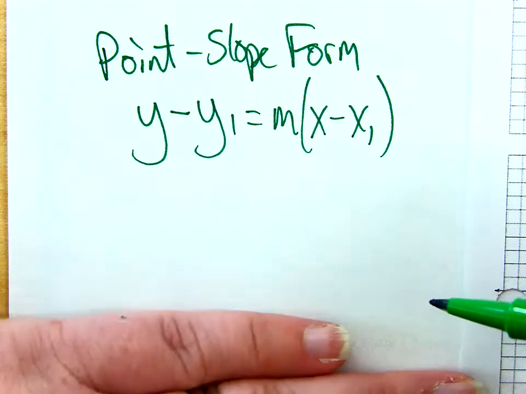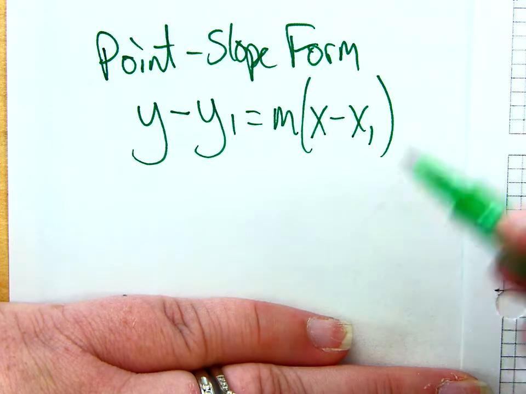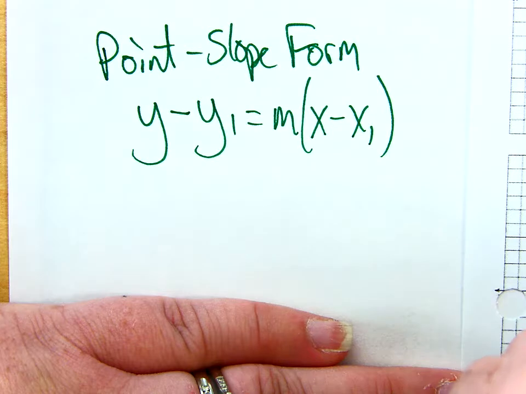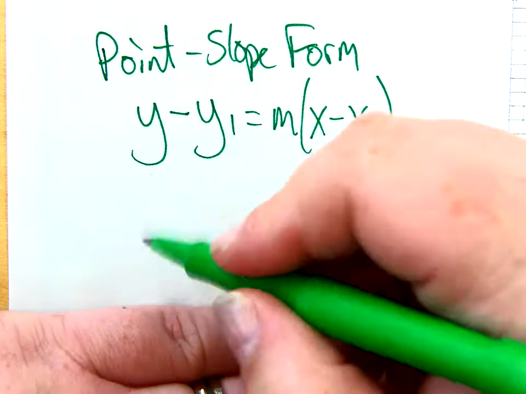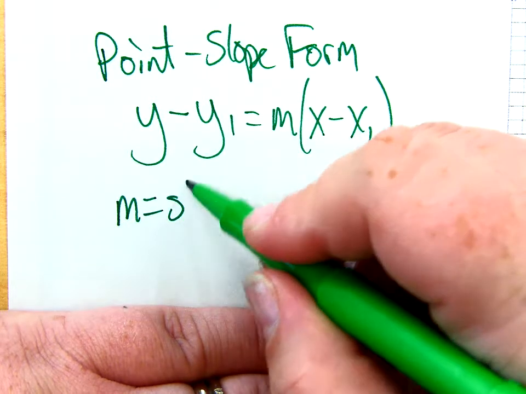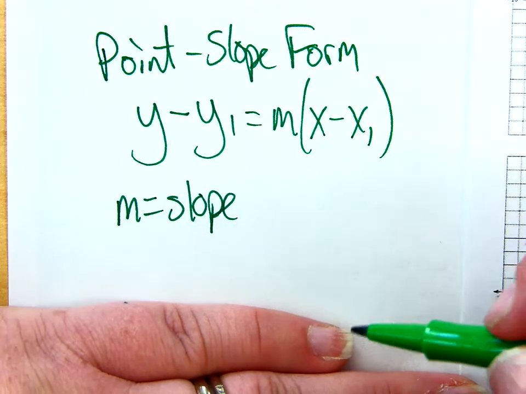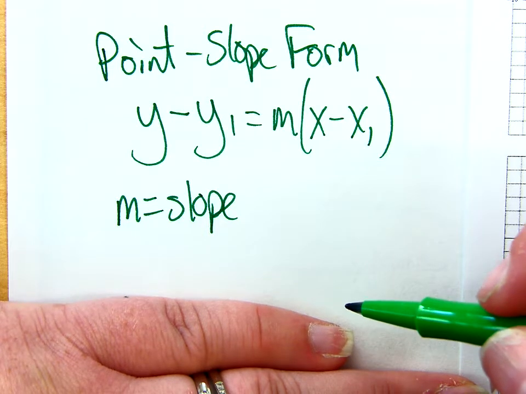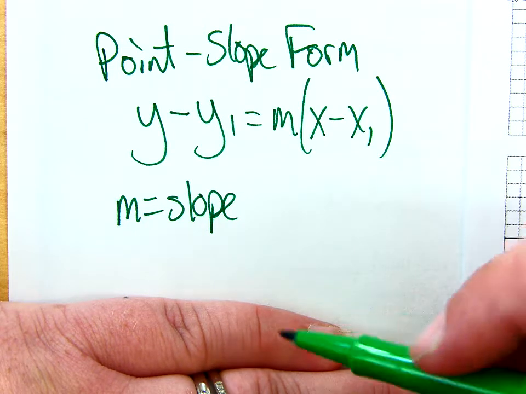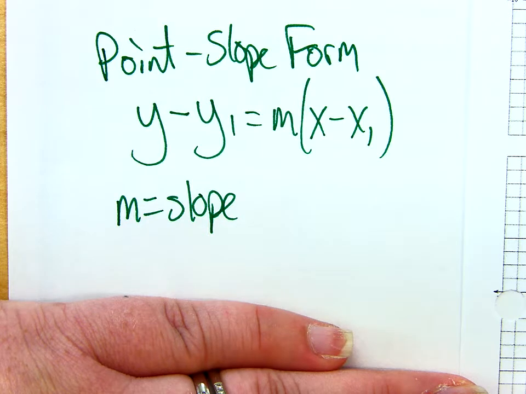Yeah? Okay. So, and then there was a bunch of stuff that you could get from this just by looking at it, right? So, of course, the slope you get for free, whatever is in for m. M is just your slope. But then you also got some other point on this line. You didn't necessarily get the x or y intercept, but you got some random point on this line. Do you remember where that came from?